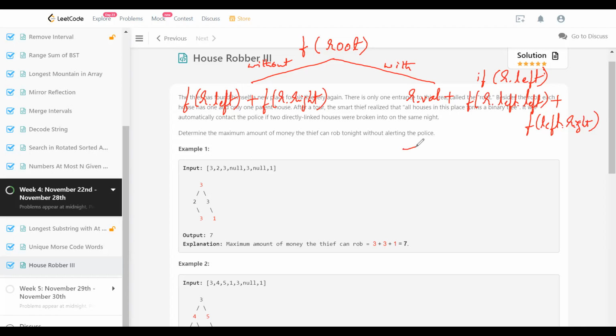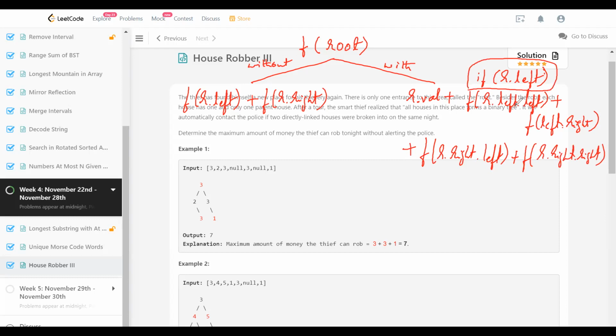Another case is if root.right exists, then he's going to solve for root.right.left, and similarly root.right.right. So these are the four subproblems we need to solve, right? Because all of them exclude directly left and right, because root is part of the solution. So these four subproblems we solve depending on whether left and right exist.